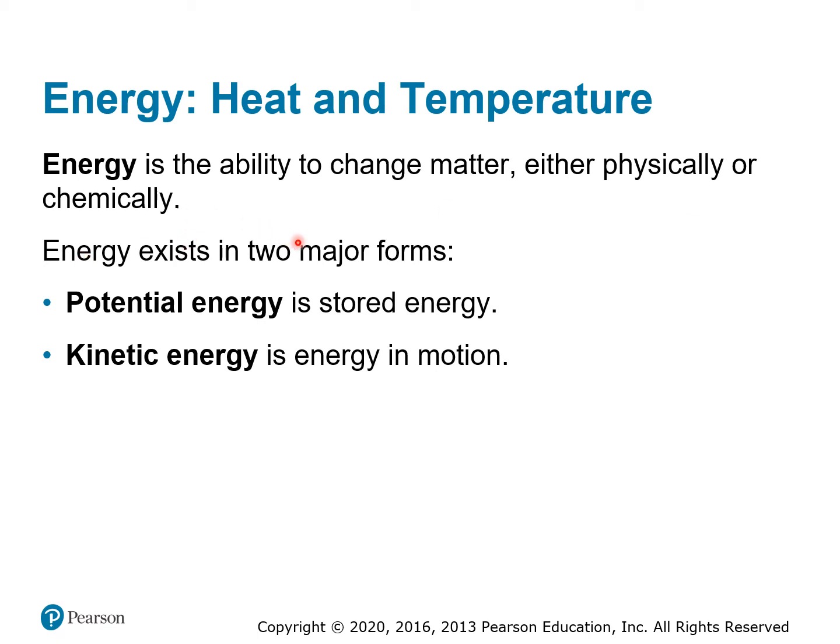And the two major forms of energy that you might have read or even heard about are potential energy and kinetic energy. So potential energy, think of it as a stored form of energy, and kinetic energy is something in motion, the energy that is generated because of the motion.